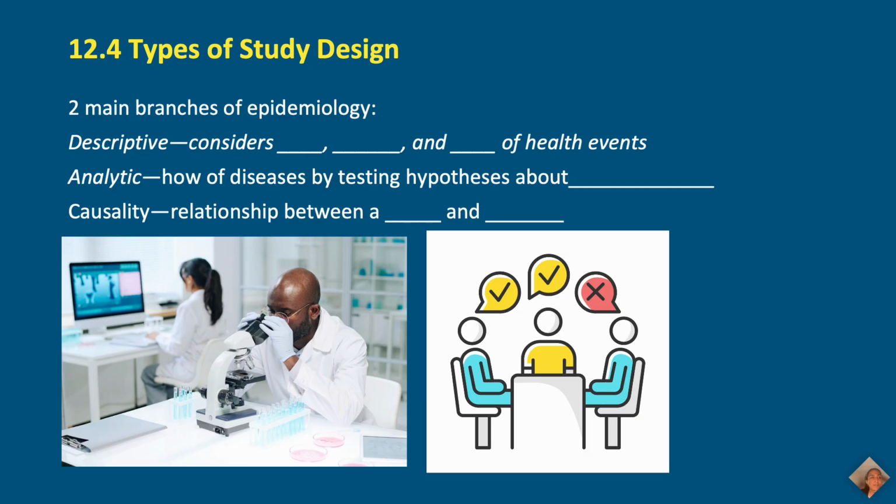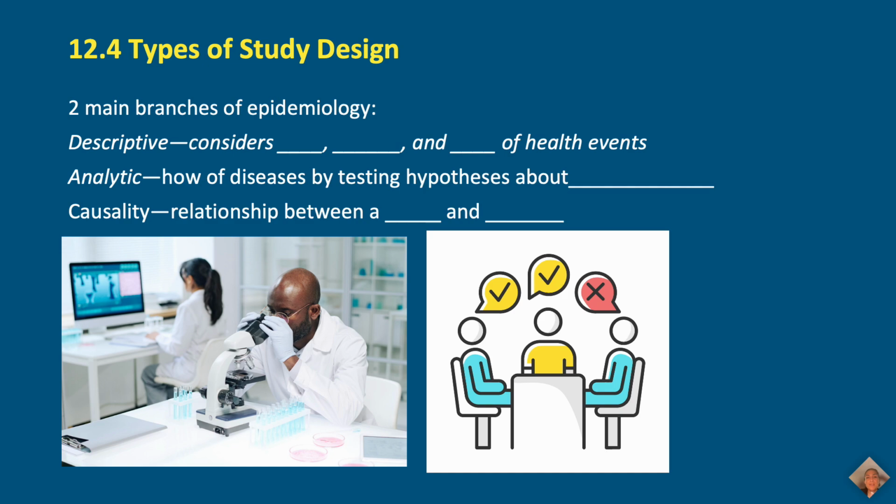So causal is the thing that is making this disease happen, whereas the correlation could be the things that are associated with it.